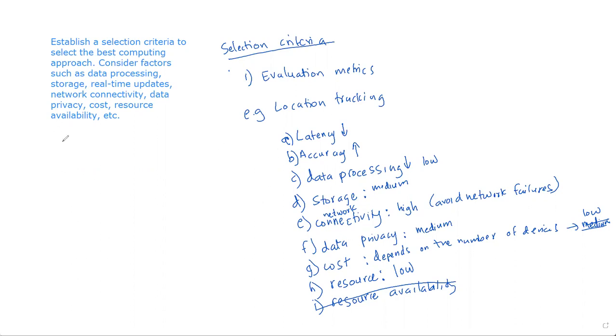Okay, so the question is saying that you need to select the application and you need to select the criteria that you want to maintain for that application to happen in a successful manner. And then based on the criteria, you need to select the computing approach.